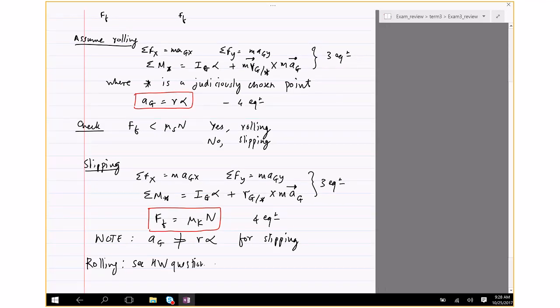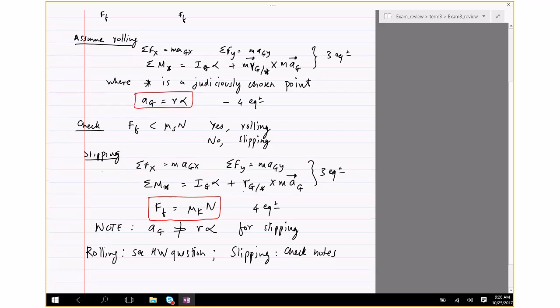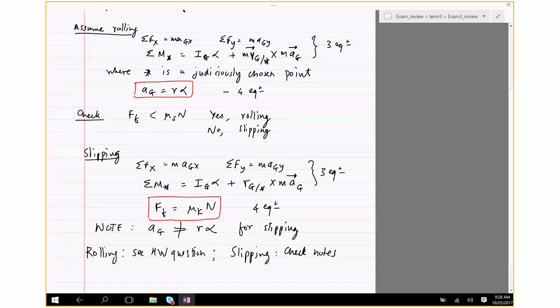For a slipping question, there's one question which I did in the notes. In the textbook, there is a problem on page 459 that you might want to solve yourself. There's a problem on slipping.